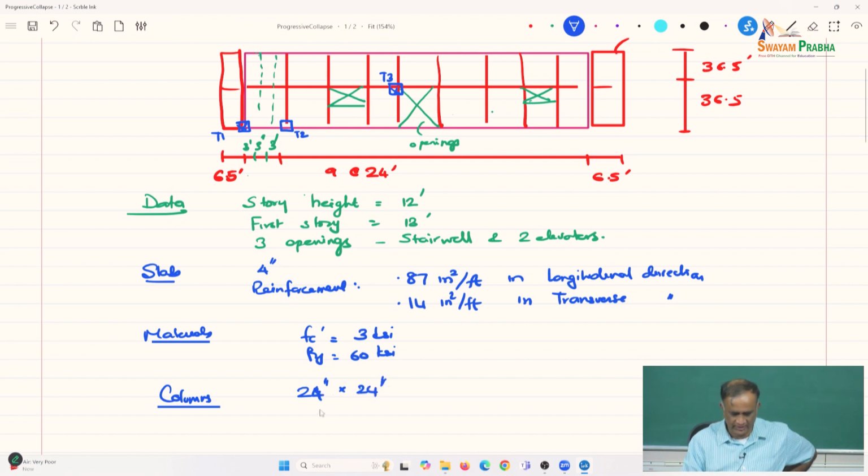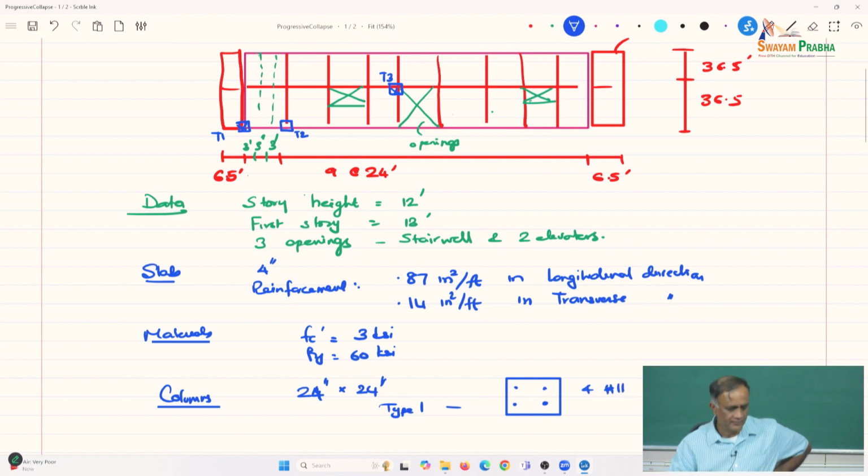Type 1 or T1 is an edge, and the reinforcement details are provided. These are your normal design reinforcements.